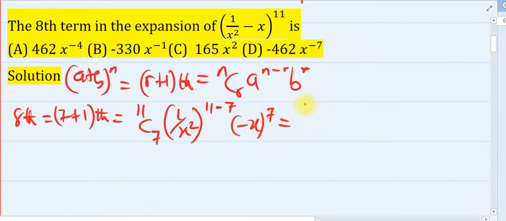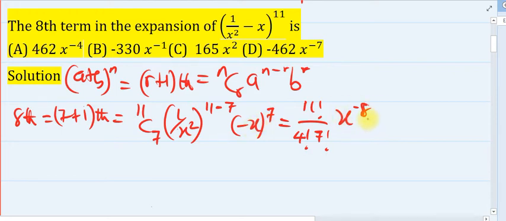So that is 11 factorial over (11 minus 7) factorial, that is 4 factorial, times 7 factorial, from our combination. Why this 11 minus 7 is 4? So we have x to the minus 8. You know why? Laws of indices. Minus 2 times 4 is minus 8.